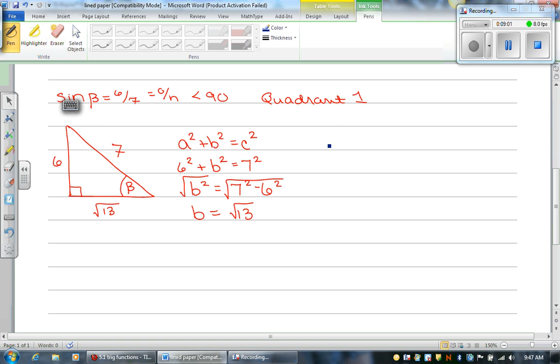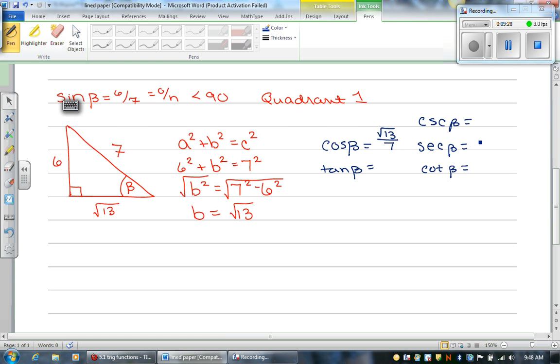So let's find cosine of beta, tangent of beta, and then my reciprocals: cosecant of beta, secant of beta, and cotangent of beta. So again, going from this angle, cosine is adjacent over hypotenuse, so we're looking at the square root of 13 over 7.